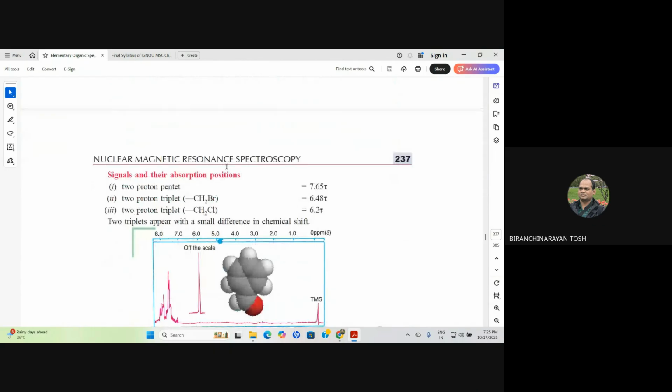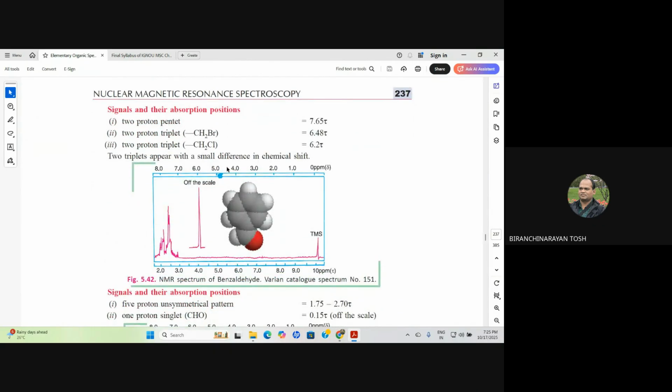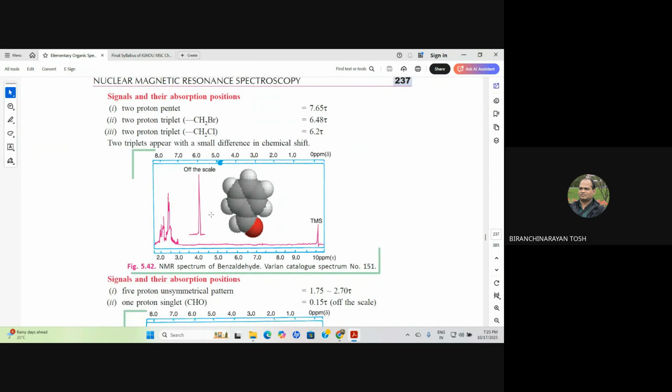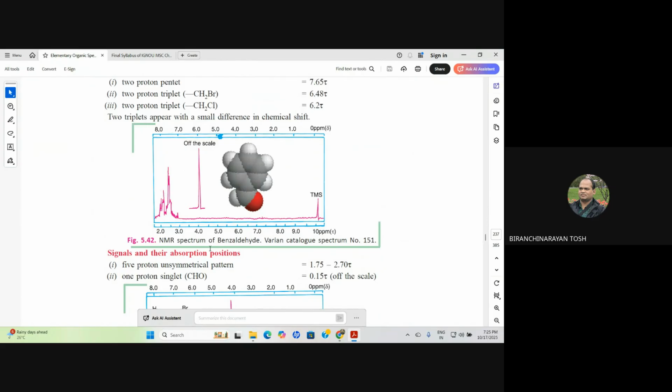Now coming to the next one, benzaldehyde. So you have the aldehyde proton and the ring protons. For the aldehyde proton, you will get a singlet, which is off the scale, at 0.15 here somewhere, and 5 protons on symmetrical pattern, this is for the ring protons.